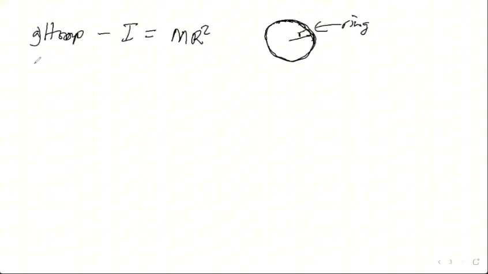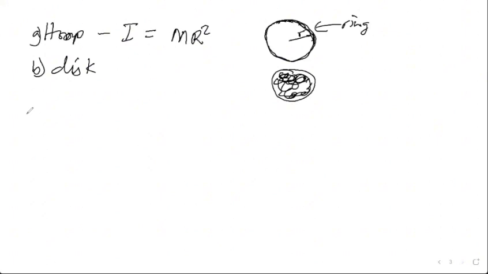We also have the moment of inertia for a solid disk. A disk is similar to a ring, except that it has mass everywhere.